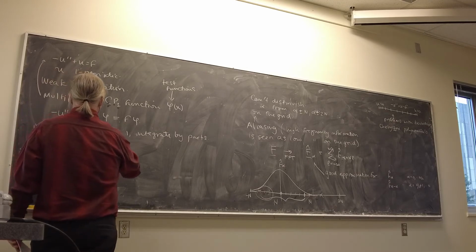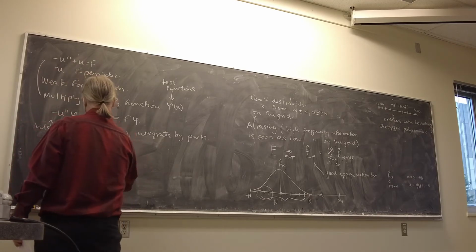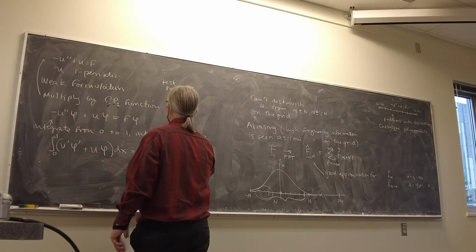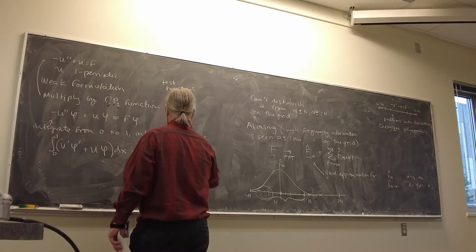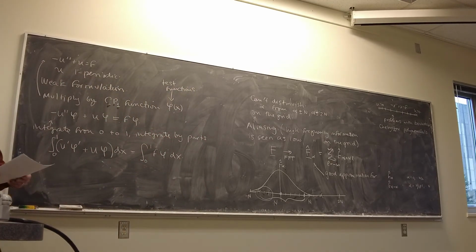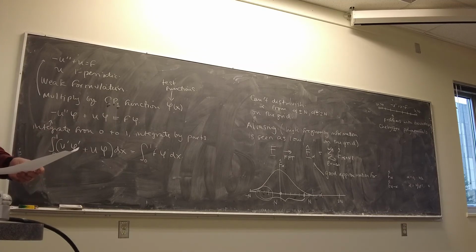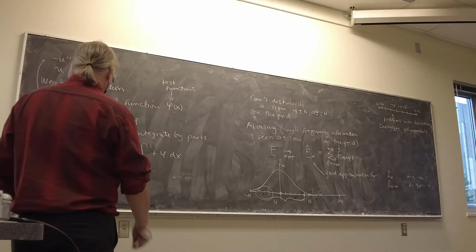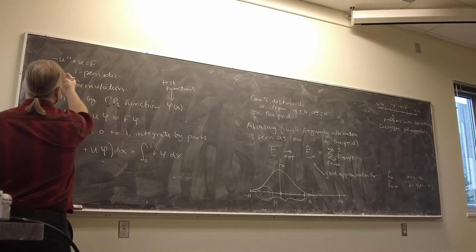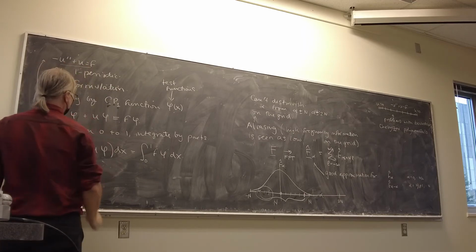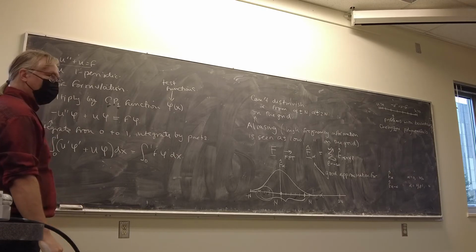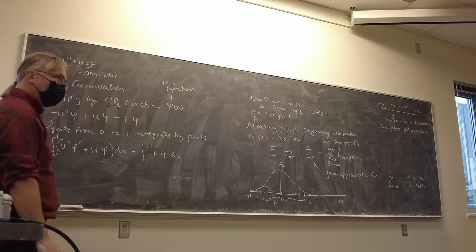And then I've got the u times phi. Okay, and if I've got this problem and u is the solution, then this is true for every function phi that I try.